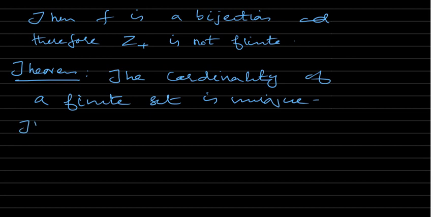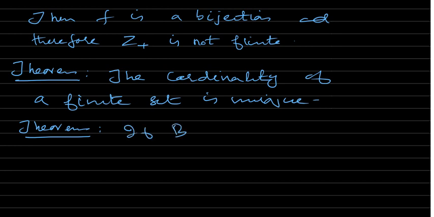So next one is: if B is a subset of a finite set, then B is also finite. Subset of a finite set is finite, and the cardinality of the subset is less than or equal to the cardinality of the set.